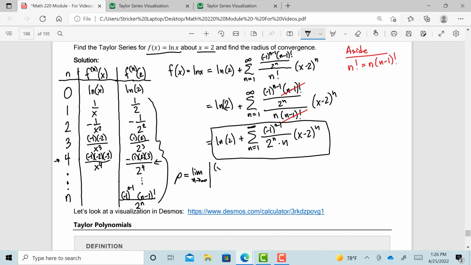So we have x minus 2 to the n plus 1 over 2 to the n plus 1 times n plus 1 times 2 to the n times n over x minus 2 to the n. And then let's simplify. So we end up with x minus 2 over 2, we have n, and we have n plus 1.